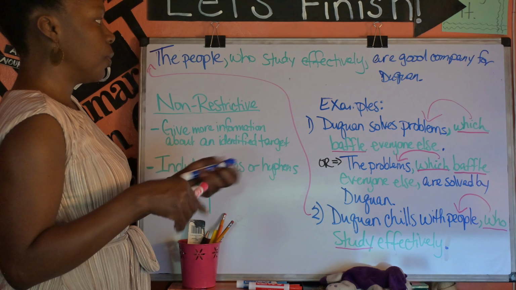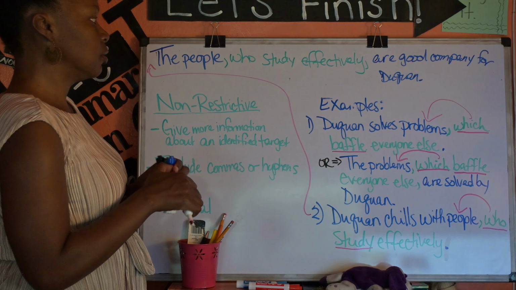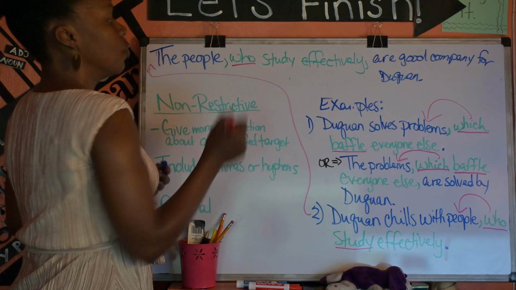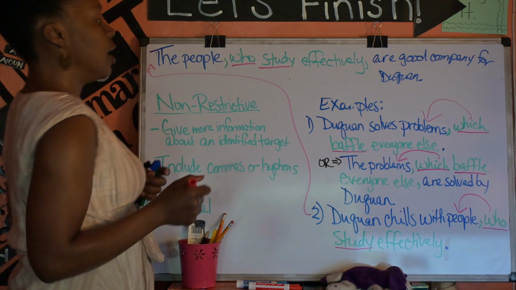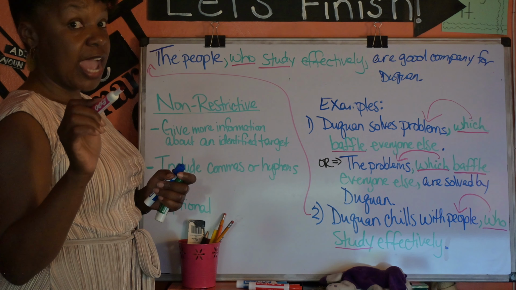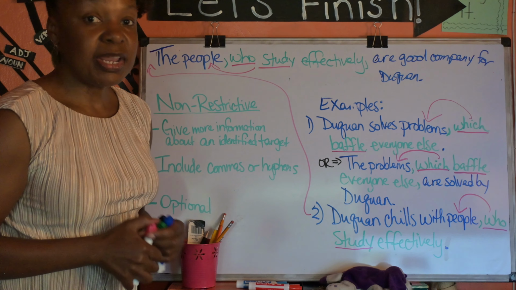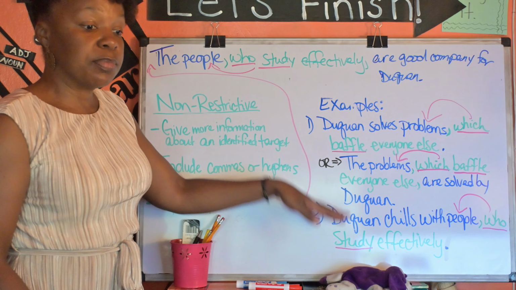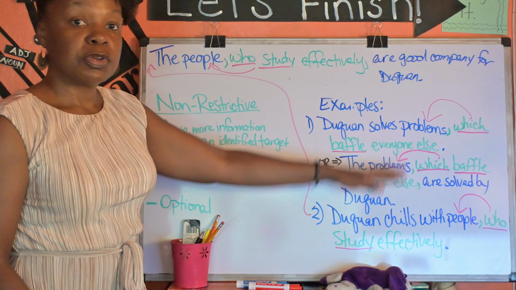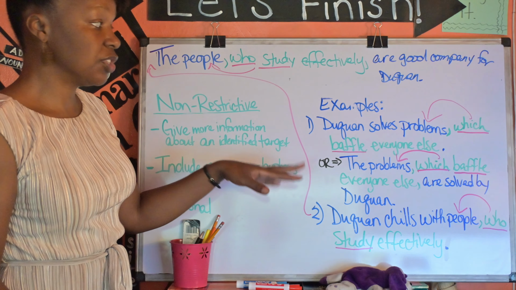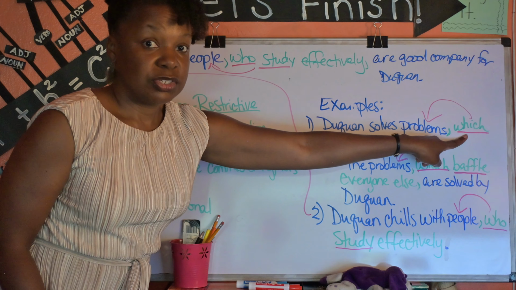So, what is our relative pronoun? It's who. What's the verb? Study. And it's modifying which noun or noun phrase? People. You might notice that there's no example showcasing that. The reason is because in American English, when we use a non-restrictive clause, we roll with which.